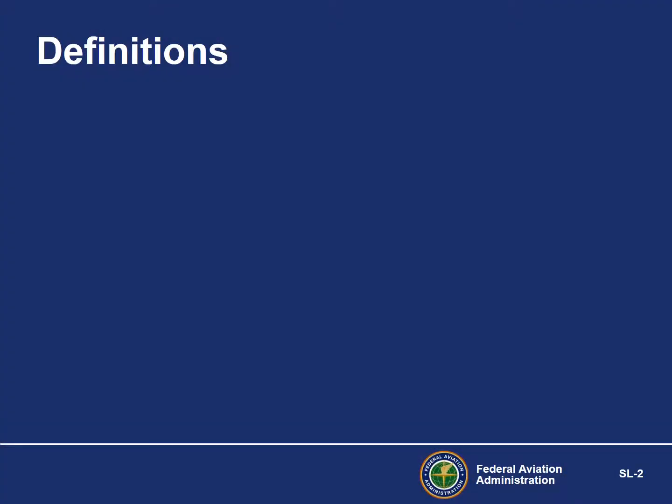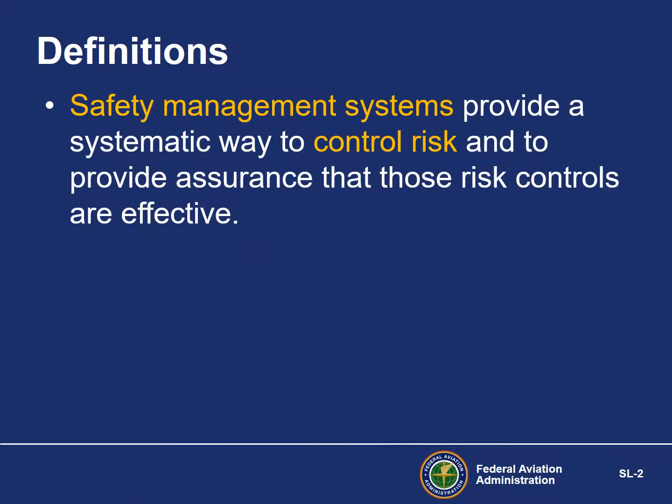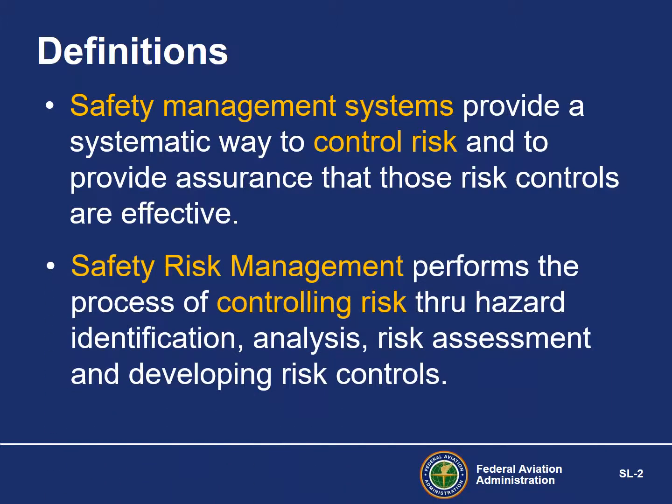As previously mentioned, a safety management system controls risk and assures that the controls are working. Safety risk management is how we do that first part, controlling the risk. Safety risk management starts with the identification of hazards, which are then analyzed to determine the risk to the company. The information is assessed to determine if the risk is acceptable or not.